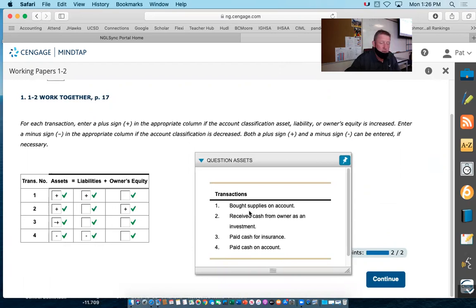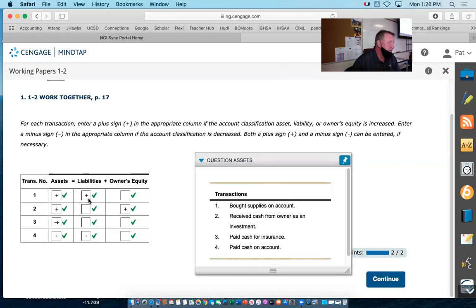Supplies goes up. So what is supplies? It's an asset, right? And then what goes up? Our bill. When we buy on account, that means we'll pay later. So that's a bill that is increased. So we add an asset and add a liability.